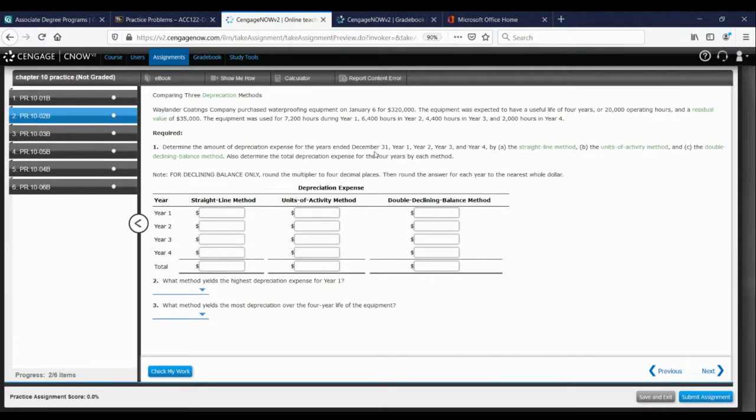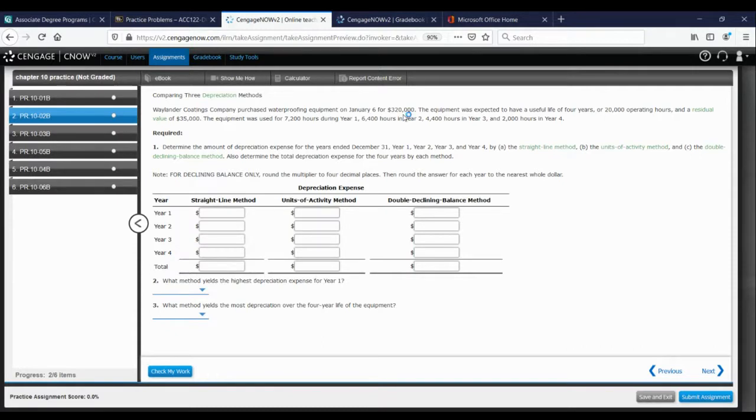Some important things to know about depreciable assets is that we need to know what the cost of the asset is. And in this problem, the waterproofing equipment is going to cost $320,000. Now, sometimes it's not just the purchase price that is recorded here.